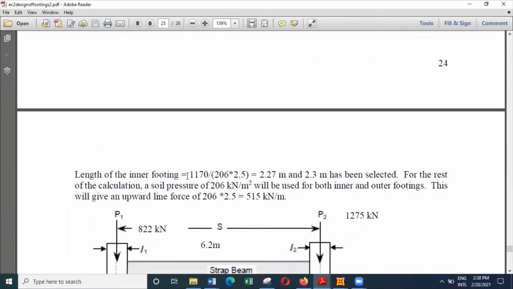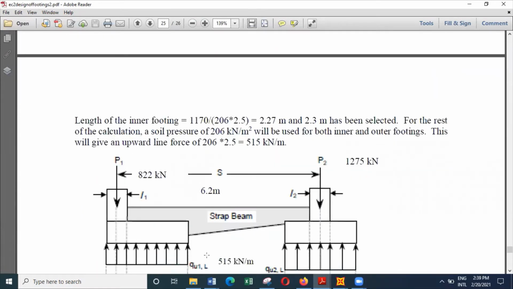So the length of the inner footing will be 1170 divided by 206, divided by 2.5. And that gives a value of 2.27 meters, and we select 2.3 meters as the length of this base. So this base has a length of 2.3 meters.